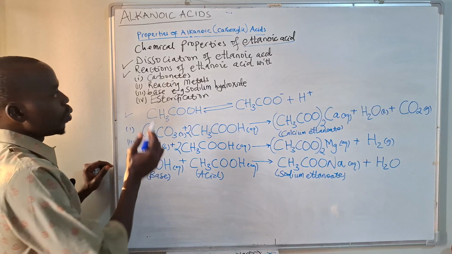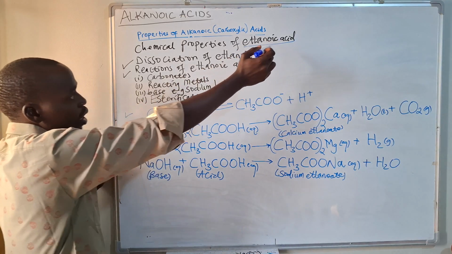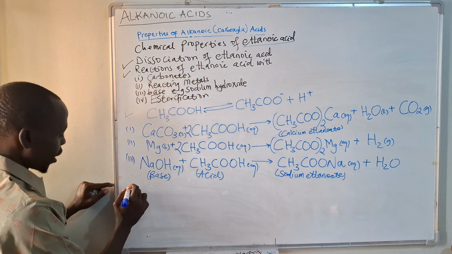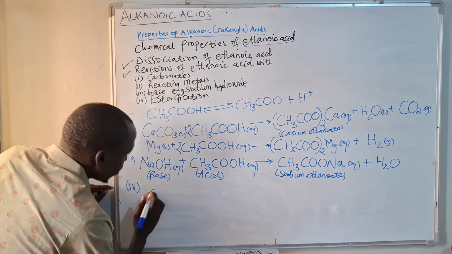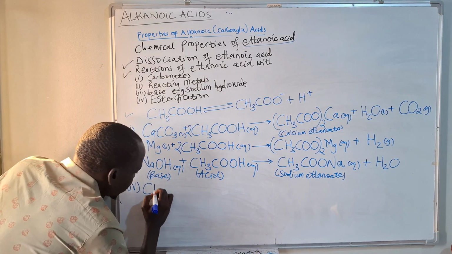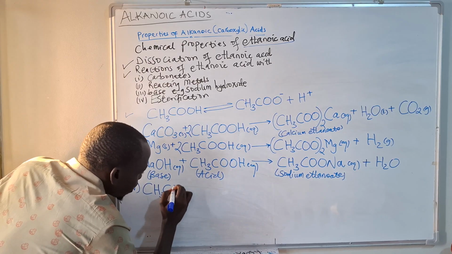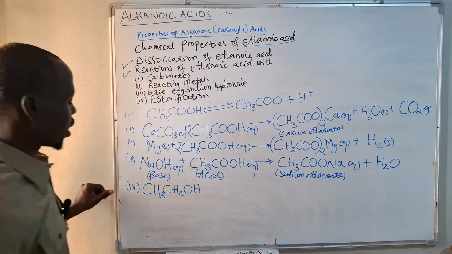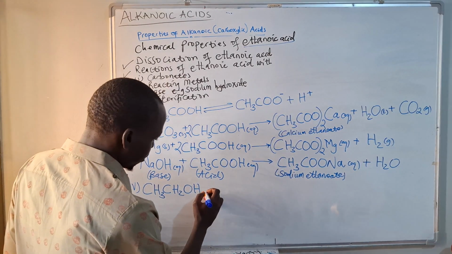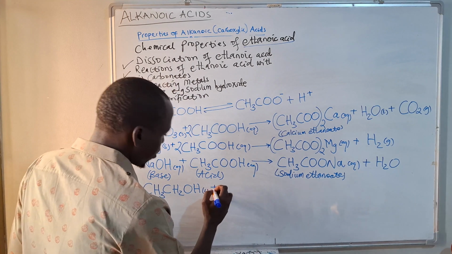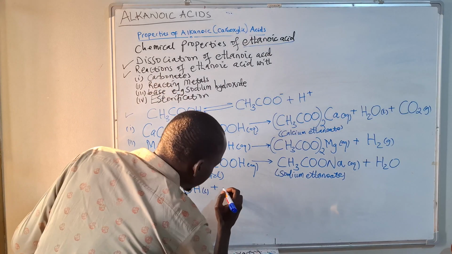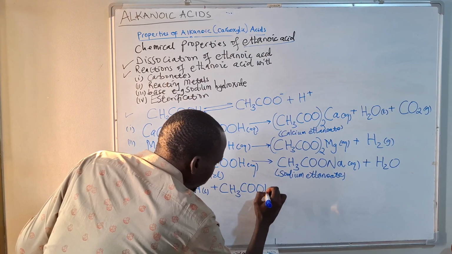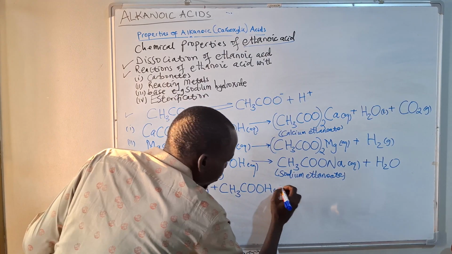Now again, when we look at this ethanoic acid, it also reacts with alcohols. Here we are going to focus mainly on ethanol, and ethanol is written like this chemically. Ethanol, in most cases a liquid, is combined with this acid, CH3COOH, which is aqueous.